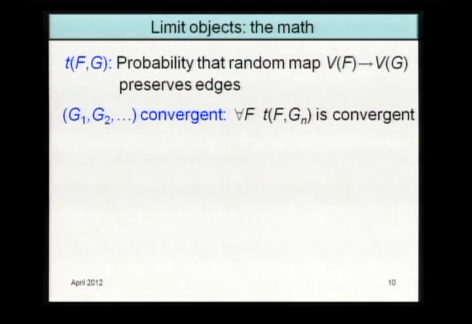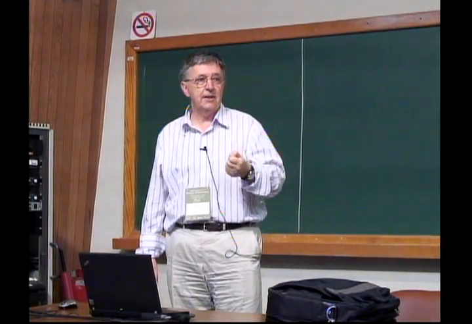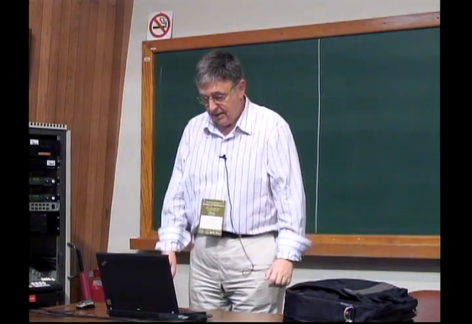Now, it's a definition. We say that a sequence of graphs, growing larger and larger, is convergent if the density of every fixed graph F tends to a limit. So the edge density has a limit, the triangle density has a limit, and so on. For every fixed F, this has a limit.